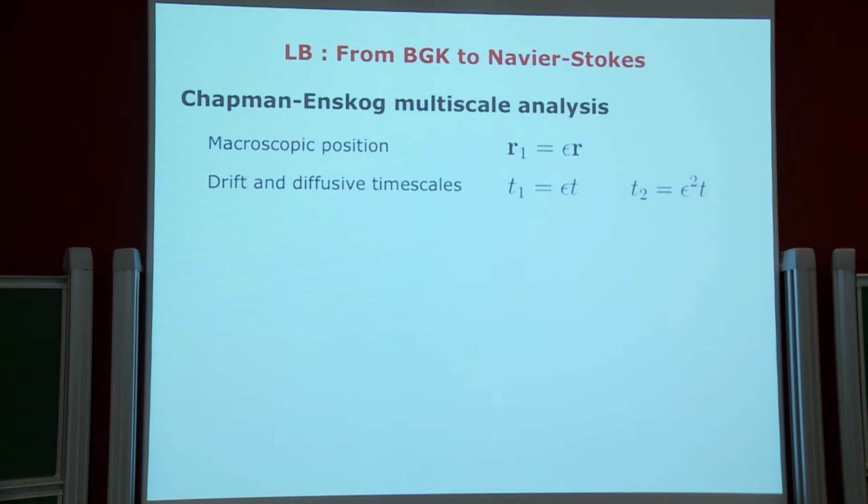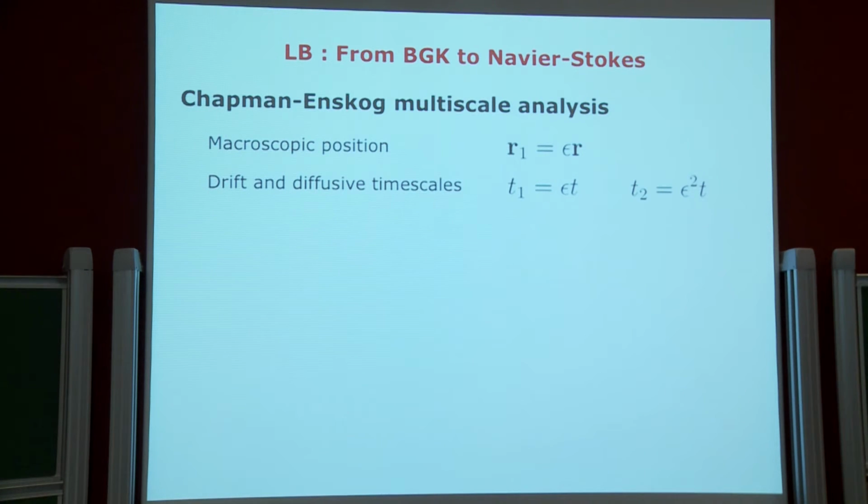And if you have a different process than drift, and if you're considering diffusion instead, there will be an associated timescale that does not scale linearly with epsilon, but it will scale as epsilon square, because as you know, the length impacted by a diffusive process scales. So it's the square of this length that scales linearly with time.